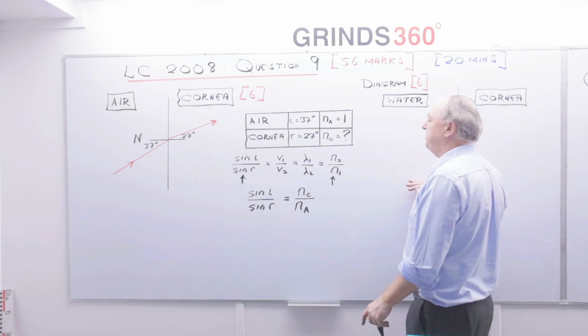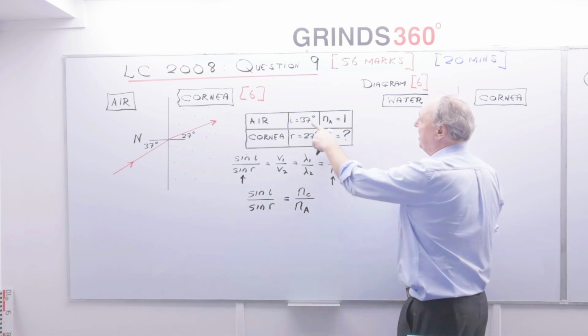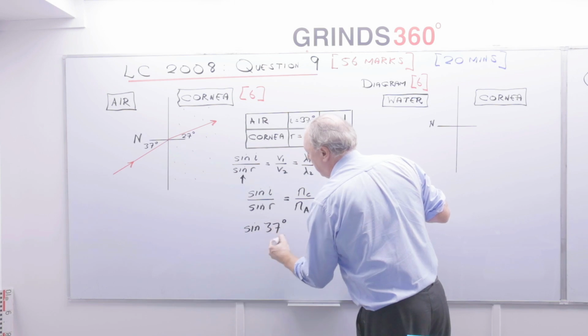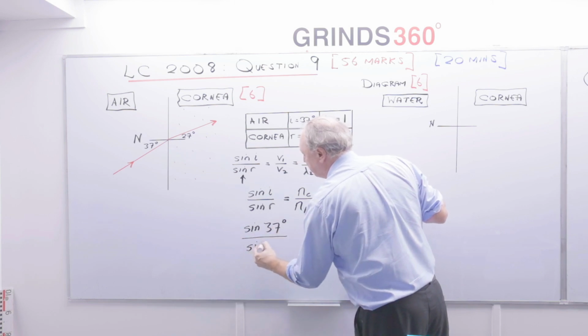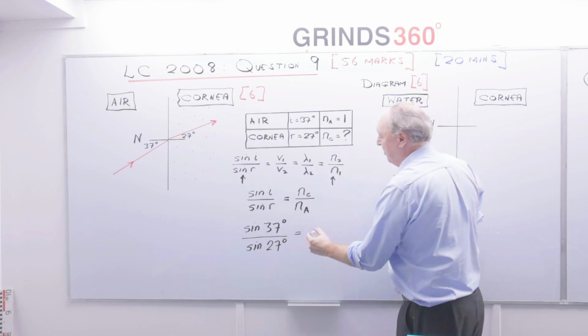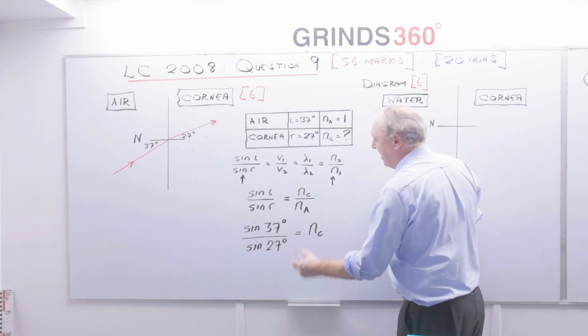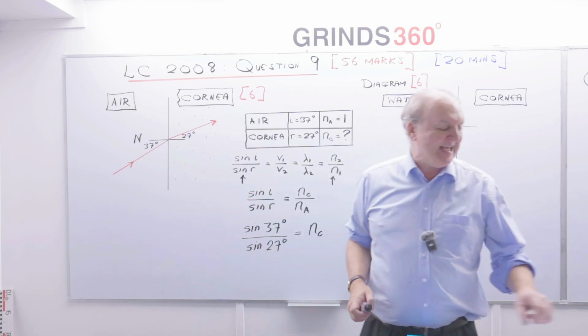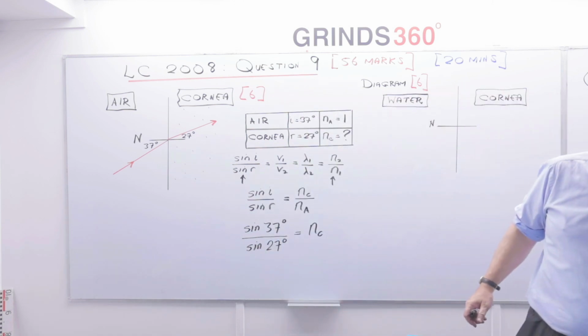Let me put my numbers in. So sine 37 degrees all over sine 27 degrees is equal to NC, which I'm looking for, divided by 1, which I can leave out. So let me do that calculation on my calculator.